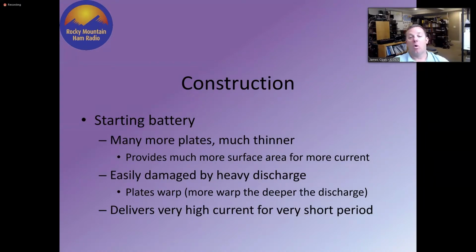The plates will warp, and they can warp enough to touch each other, in which case the cell becomes shorted and the entire battery drops by approximately 2 volts. And then it becomes a giant resistor where the rest of the battery is heating that cell. It's designed to deliver a very high current for a very short period and then be replenished immediately.